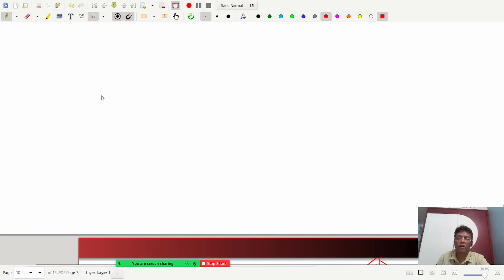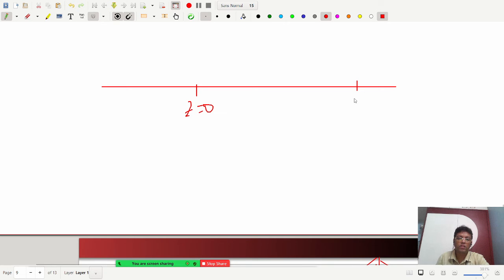Let me draw it here: this is z = 0, and suppose this is z = 1. It represents the bisector connecting 0 and 1, which is the line Re z = half in the complex plane.